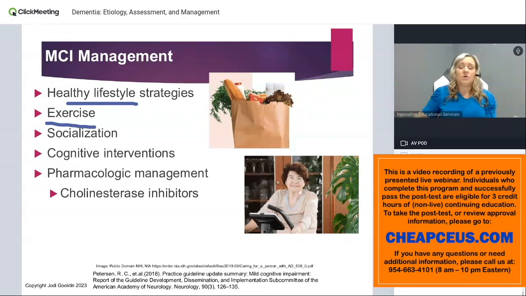Socialization. We're also looking at cognitive interventions, these are individuals who are doing word finds, crossword puzzles, playing cards, different things to keep their mind active, combined with physical activity. And that might give you some ideas as we're working on balance training. Could we be playing cards with the individual?